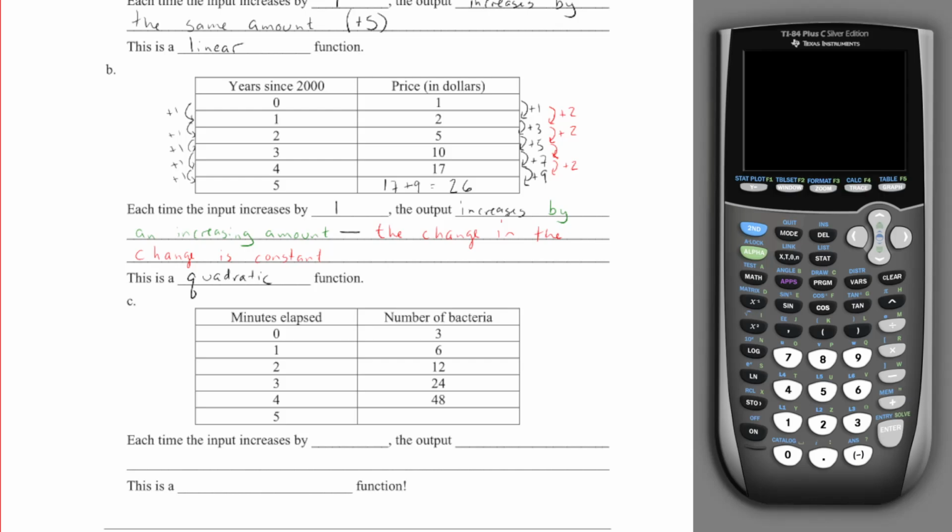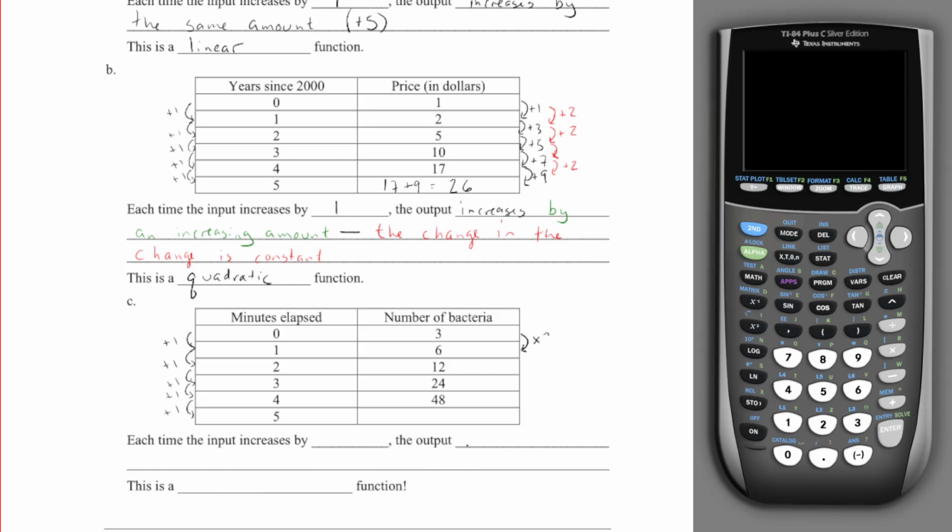This next table shows a new pattern. So again, each time we go down a row, our input is increasing by 1. But now the pattern that we see is not adding the same amount to the output, but multiplying.